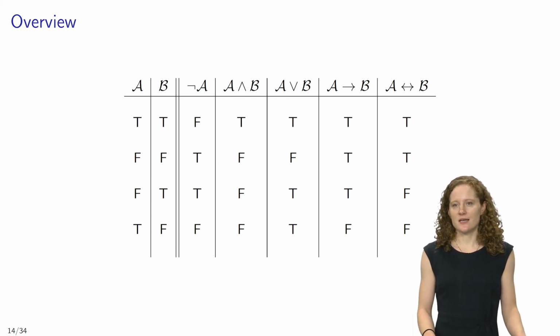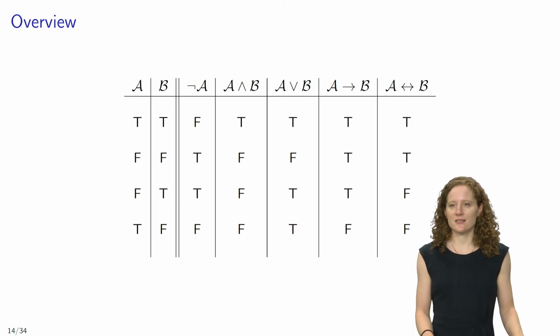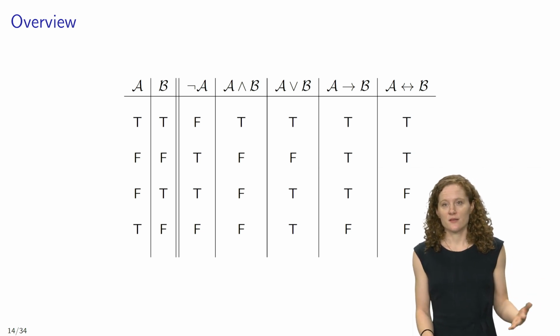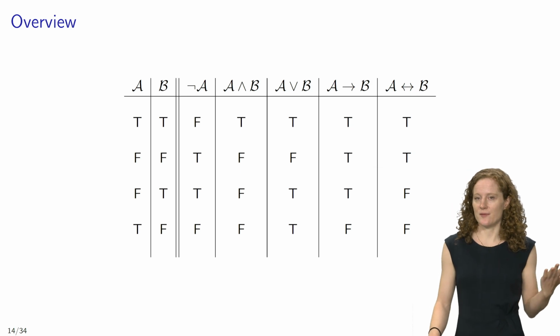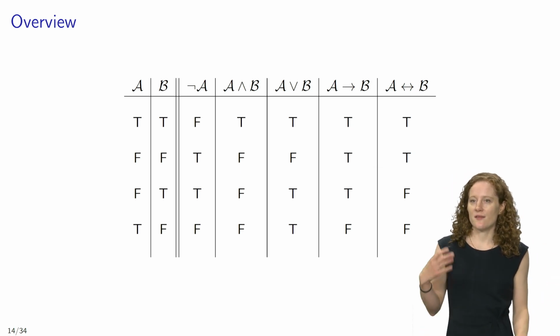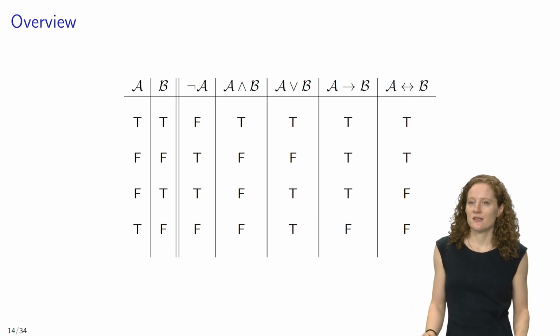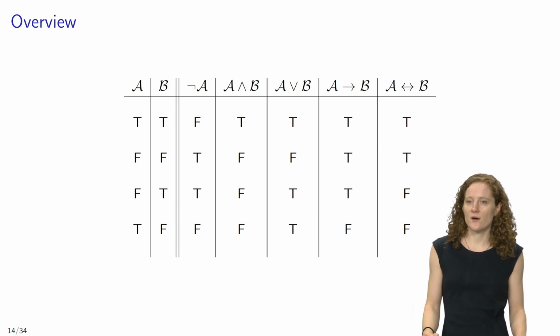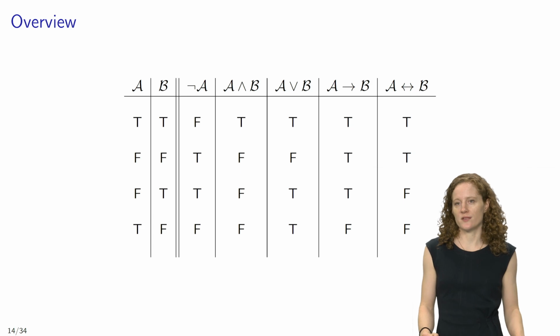We can sum up this discussion again by means of a truth table. So here you see a truth table that summarizes the 5 truth tables that we have seen so far. To the left in the reference column, you see the 2 atomic sentences A and B and the 4 possible evaluations for A and B. And then in the assessment column to the right, you see 5 columns, 1 for each of our 5 Boolean connectives.